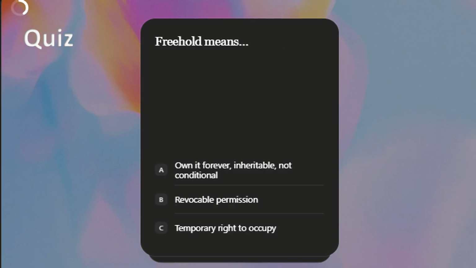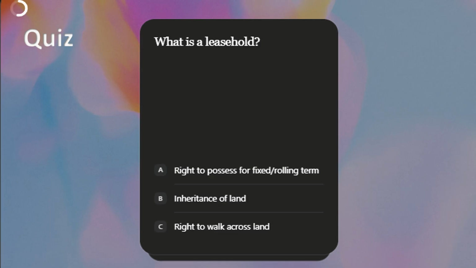Okay, what is a freehold then? Who remembers what that actually was? Let's have a look. I'll give you a short moment. And a freehold should be something that you can own basically forever. It's inheritable and it's not bound by any kind of conditions.